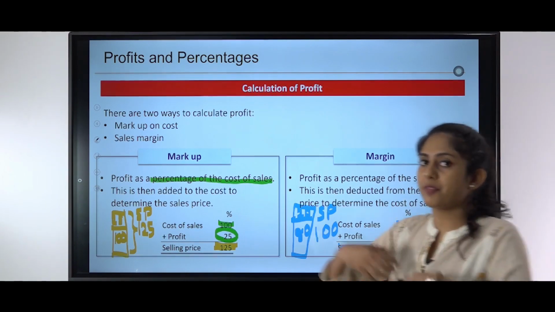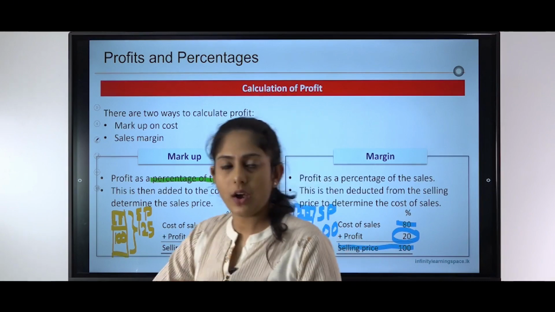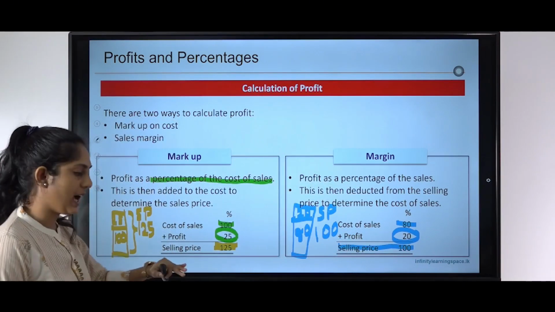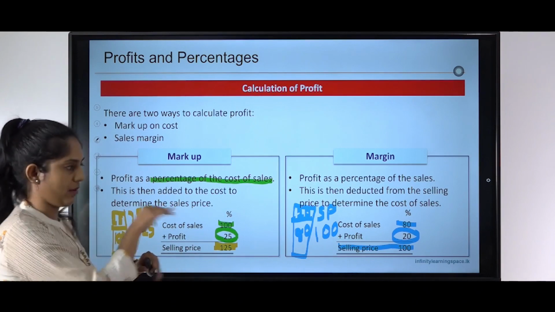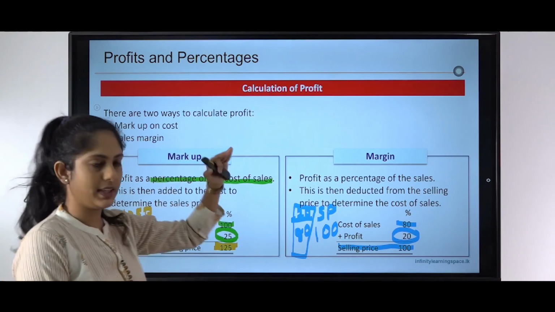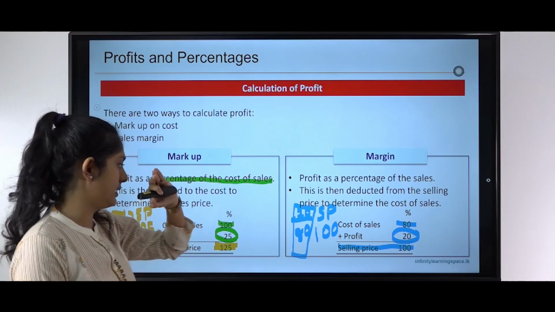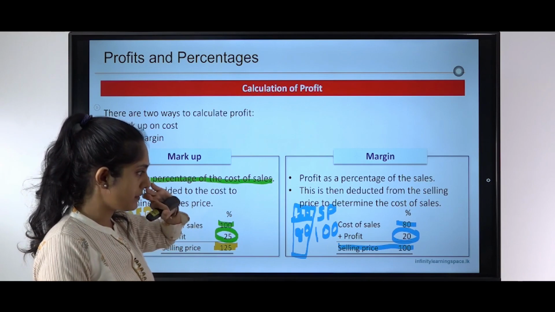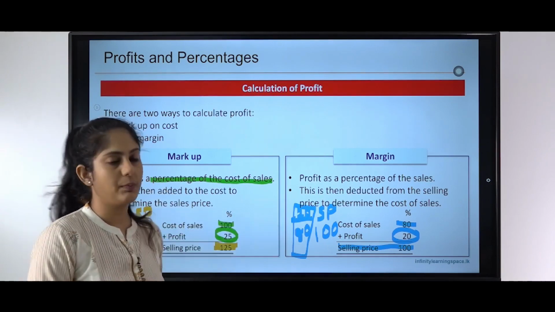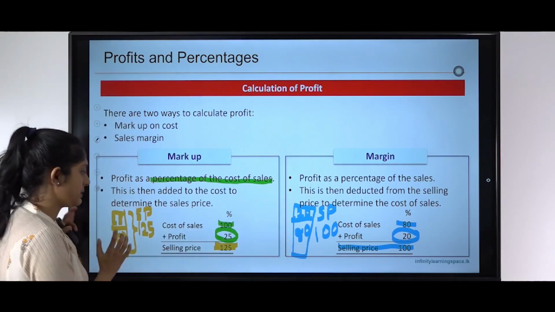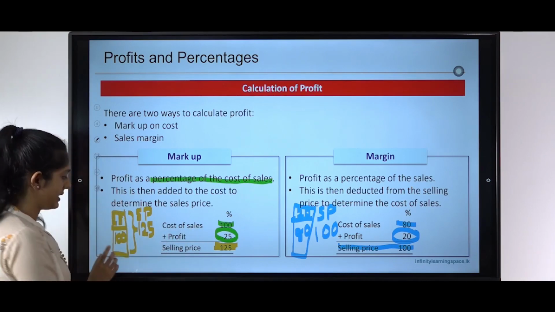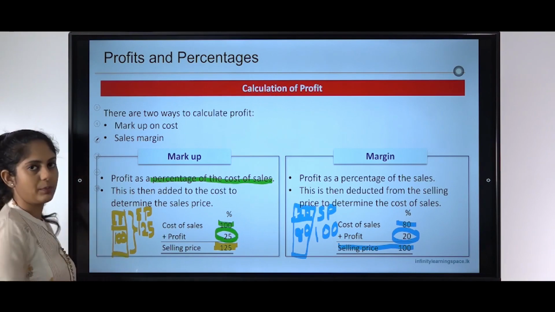It's a way of communicating or determining price. With markup, I say my cost of the sale is 100, and on top of that I add a 25 profit.